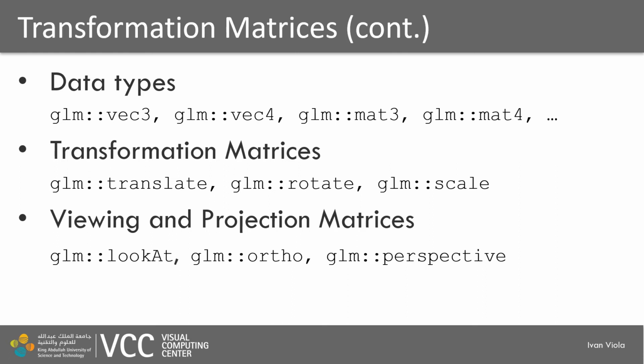Let's have a look at the GLM library, which offers us the mathematics structures for OpenGL. So with GLM, we can have these following data types, such as vec3 and vec4, also on the host side, mat3 for 3 by 3 matrices or mat4 for 4 by 4 matrices, all these structures in floats.